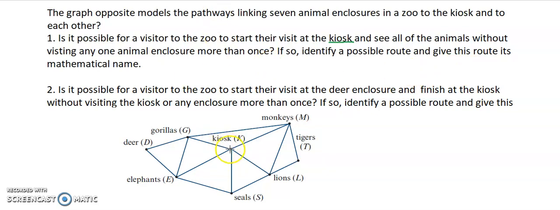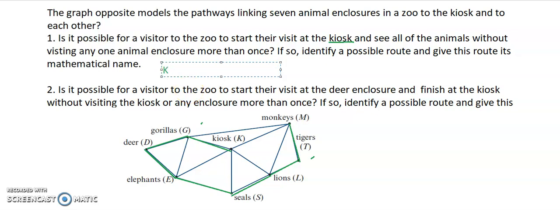Okay, so we're starting at the kiosk. So we want to see all the animals only once. So this is where we need to just draw out our map on our network. In this case here, I have come up with a pathway.